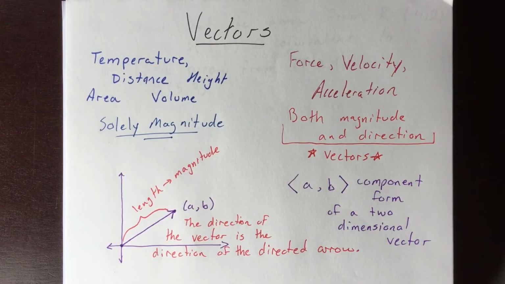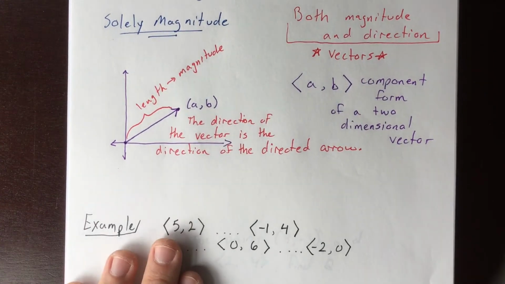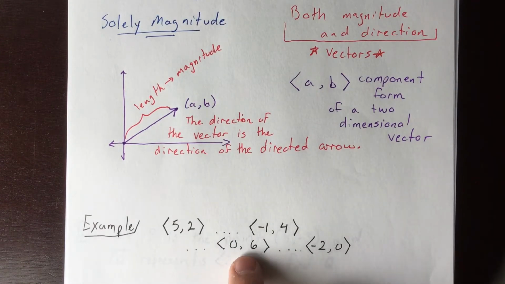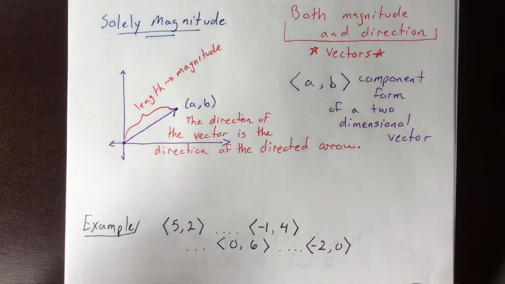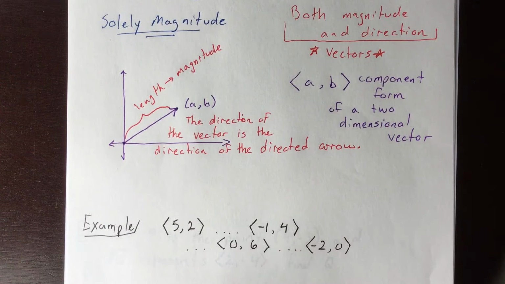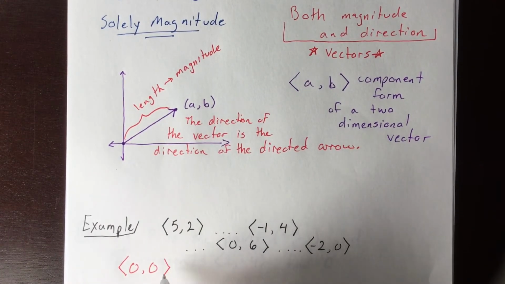So some examples of vectors are ⟨5, 2⟩, ⟨-1, 4⟩, or ⟨0, 6⟩. Here we would just be a vector going vertically, 6 units. And then ⟨-2, 0⟩, here we would be going left 2 units and no vertical movement. So if we had a vector, say that was ⟨0, 0⟩, this actually has a specific name.